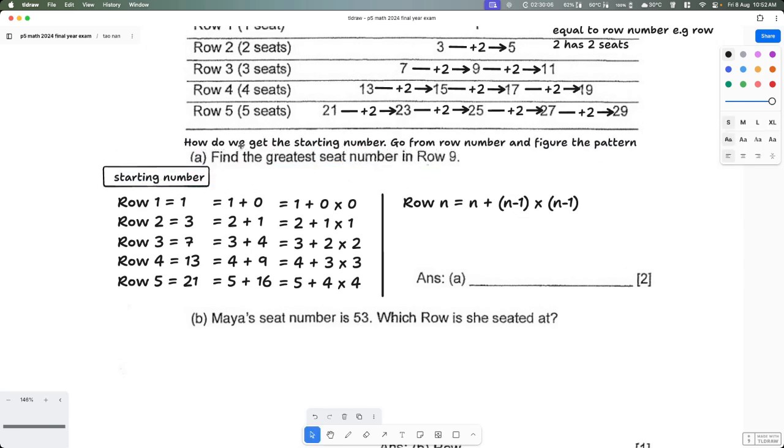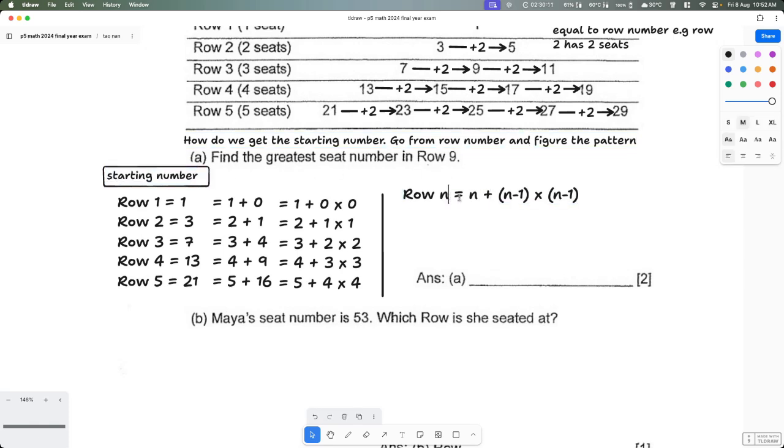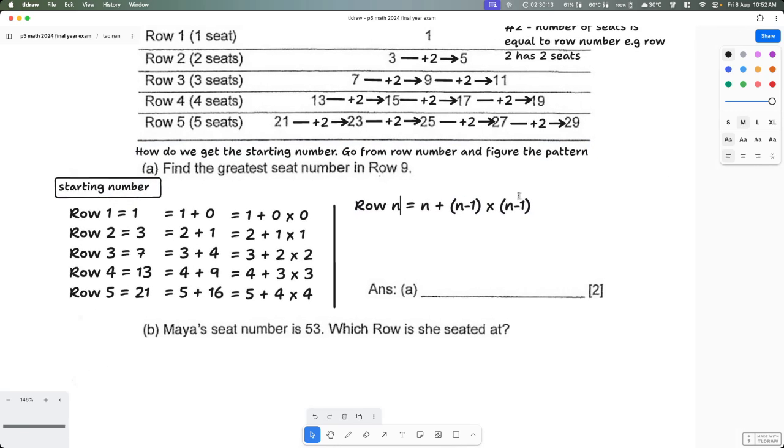How do you get a starting number like this? The starting number, row n, is n plus n minus 1 times n minus 1. That's the starting number for the row. So row 9 is equal to 9 plus n minus 1, which is 8, times 8.